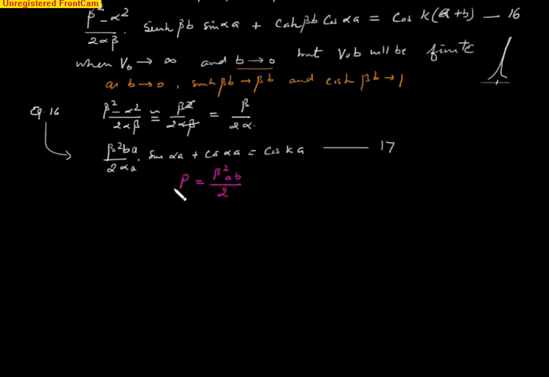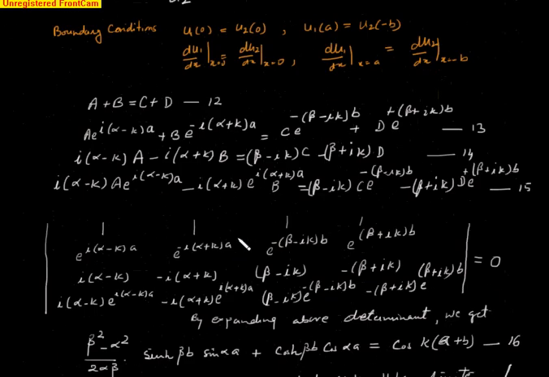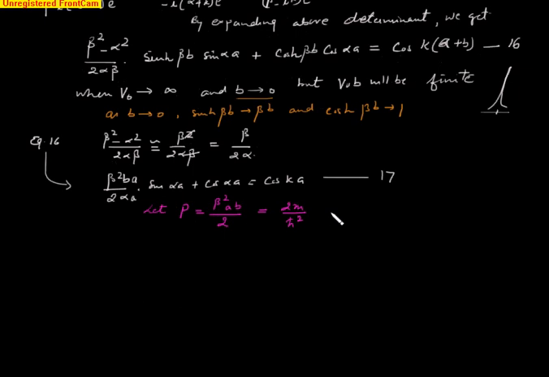So we define p equal to this thing, and here beta, in terms of V naught, we can write as 2m over h cross square into, initially we had taken beta square equal to V naught minus E, but because E is very small and V naught is very large, as we are saying that V naught is approaching infinity, we can neglect the value of E, so we can write only V naught, into ab divided by 2.